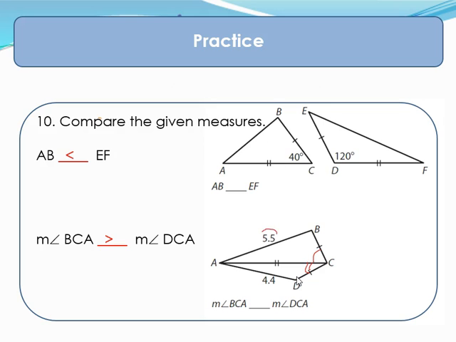So this side is going to be larger. So BCA is larger or greater than the angle DCA. So, once again, make sure you look at previous tests and previous chapter reviews to check for any problems that you missed.